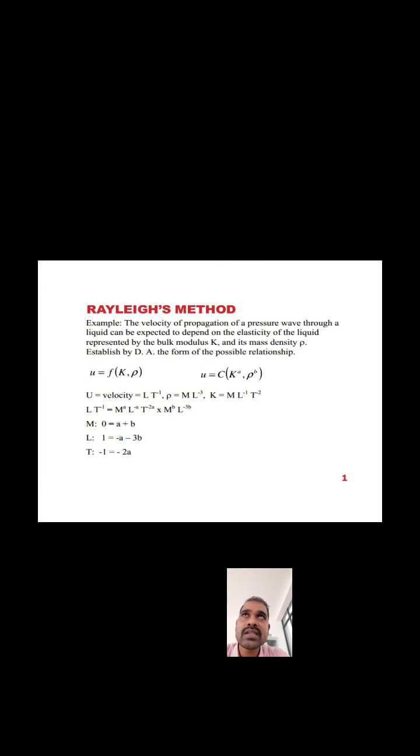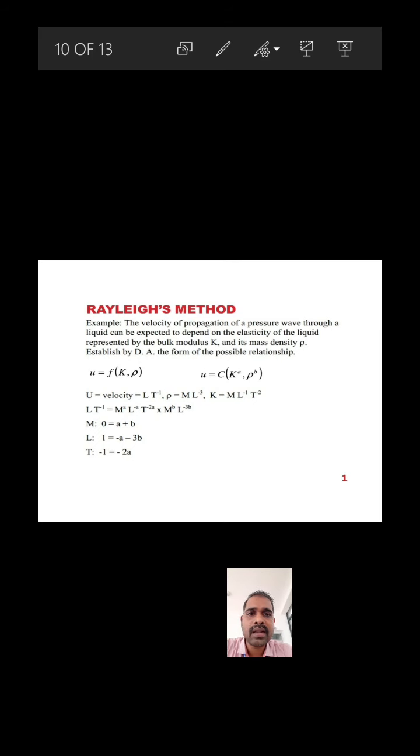You can use either Rayleigh's method or Buckingham's pi theorem method, but here we are using Rayleigh's method. So the velocity u is a function of bulk modulus K and mass density rho, right? So only 2 independent variables and 1 dependent variable.